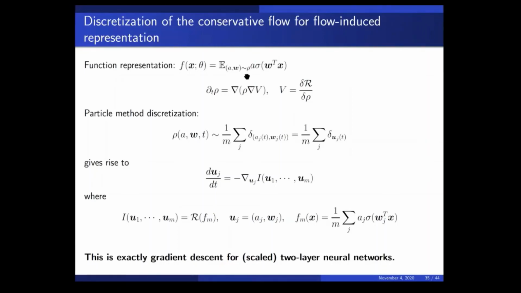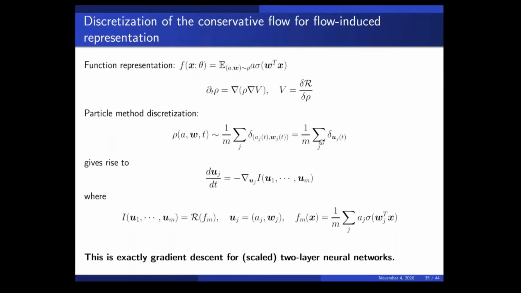The gradient flow in this case is defined in the following way. We want to discretize this PDE-like thing using particle method. That means we replace the probability distribution rho by this empirical sum, where these are the positions of the particles at time t.